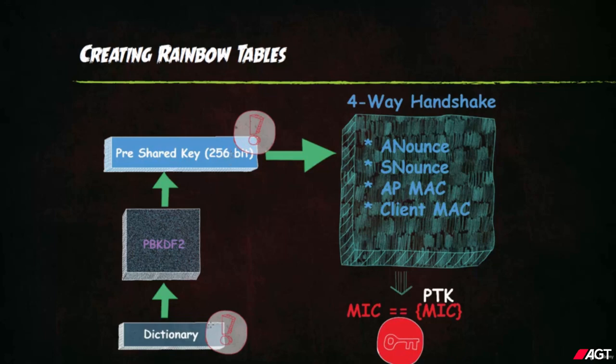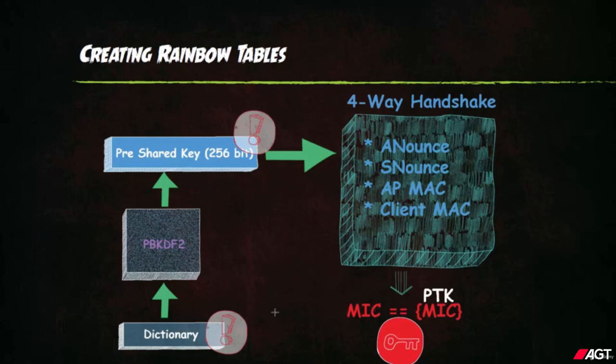We use a dictionary, and from the dictionary we use each word to create a pre-shared key, and then from the captured file in which we have the four-way handshake, we use the ANonce and SNonce packets with the pre-shared key to create the PTK, and then we compare it with the MIC, the actual MIC which we got from the SNonce packet, right? So this is how we did it in the previous video.